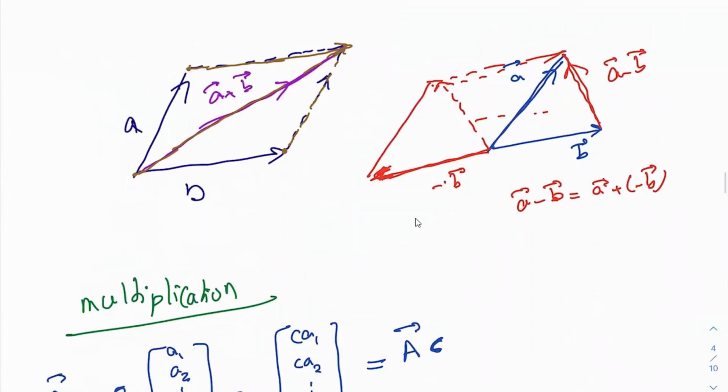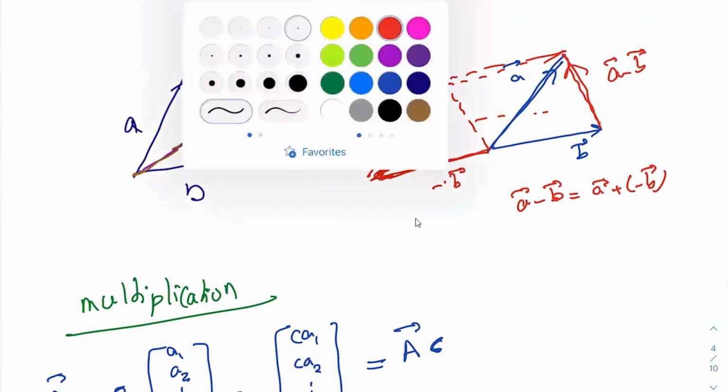Now, it's always good to be able to visualize the summation and the subtraction geometrically or pictorially. You get a better idea about vector addition and subtraction in general. So let's label them.